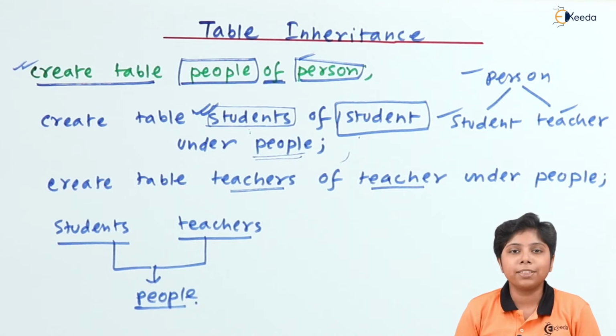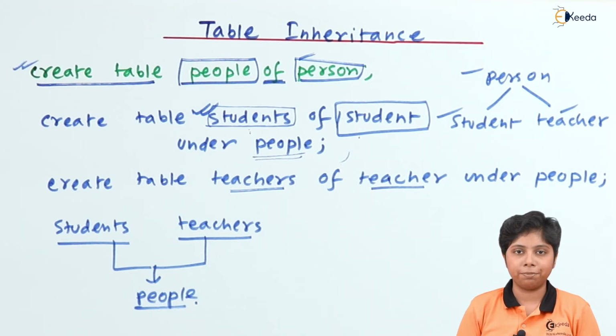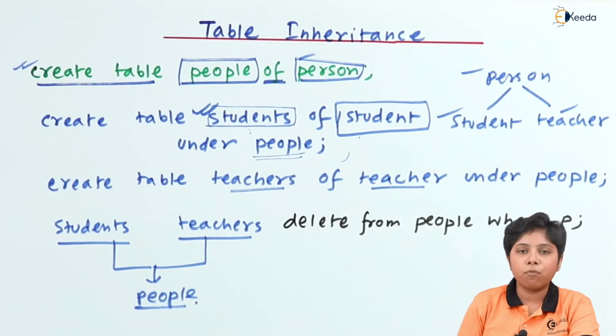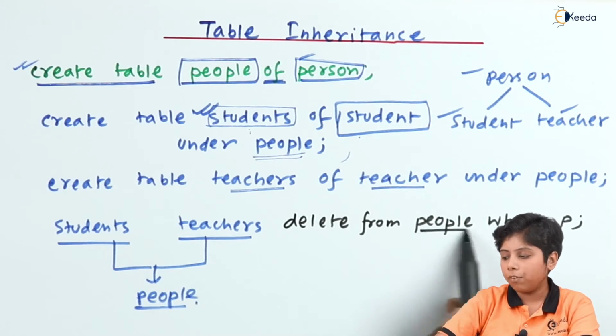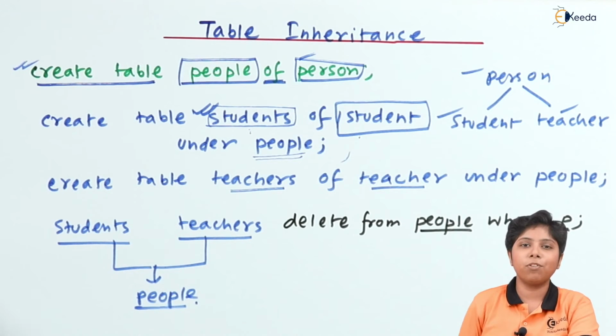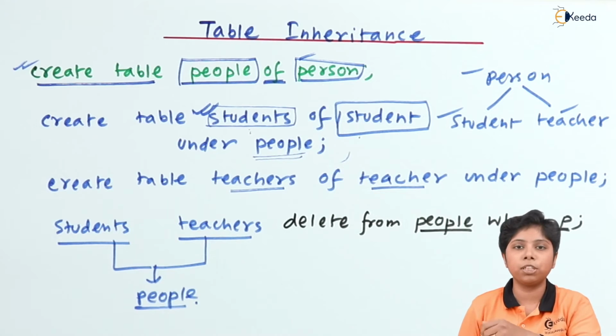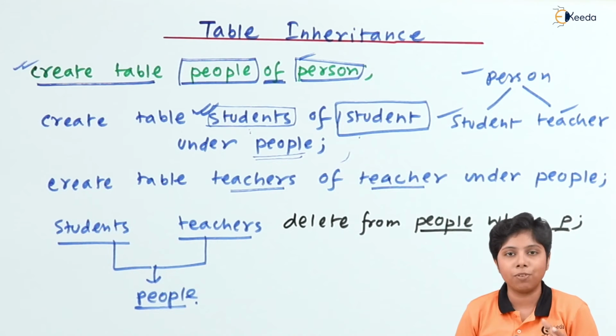Now if I want to delete anything from the table, what will be the SQL query? I want to delete from people with some predicate. If I delete from people, the students and teachers will lose the value or reference to that value.